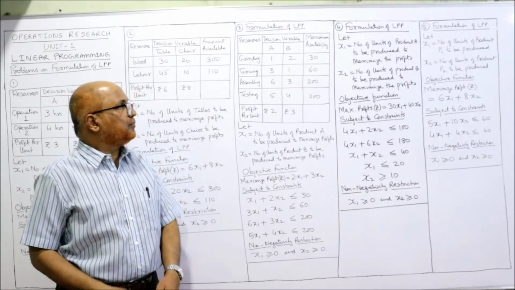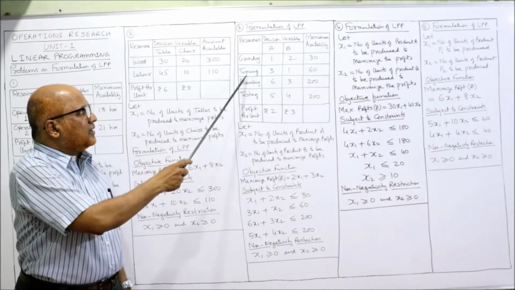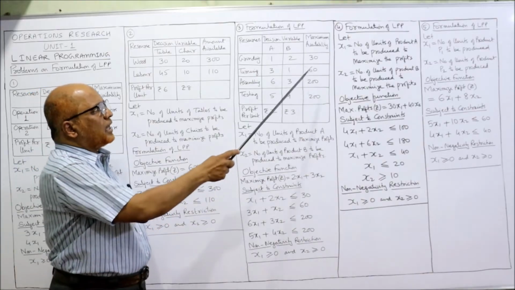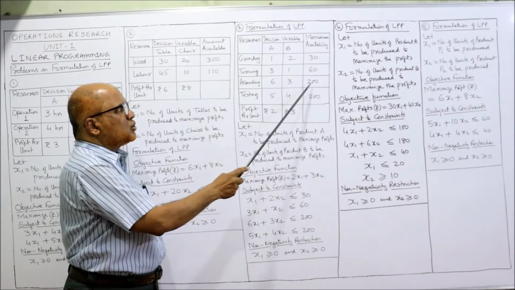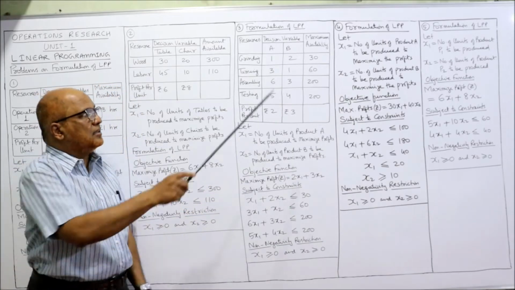Exactly similar problem. See here, formulation of LPP. Resources are grinding, turning, assembling, testing. That's what is given. Maximum time available is 30 hours on grinding, 60 hours turning, 200 hours assembling, 200 hours testing. Not more than this.